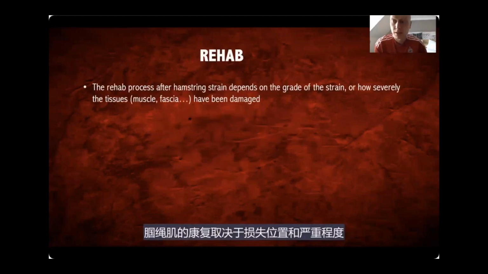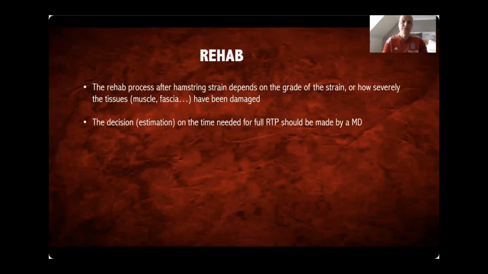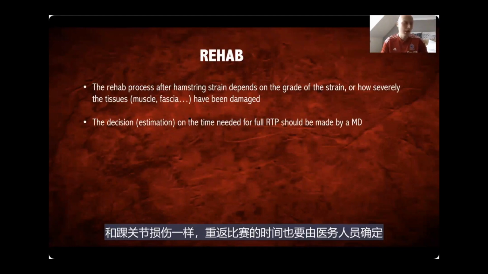The rehab process after the hamstring strain normally depends on the grade of the strain, or how severely different structures are damaged. So we are talking here about muscle, about fascia, about nerves. The decision, as it is for the ankle sprain, is the same.